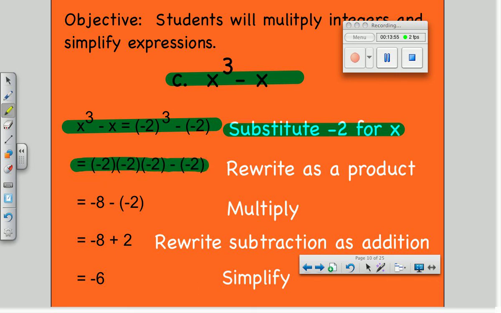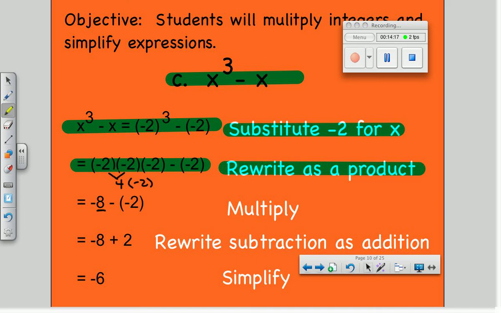And then we still have minus negative 2. So we rewrite it as repeated multiplication. Now we multiply negative 2 times negative 2 is 4. And we multiply that by negative 2 again, and we get negative 8 right here.